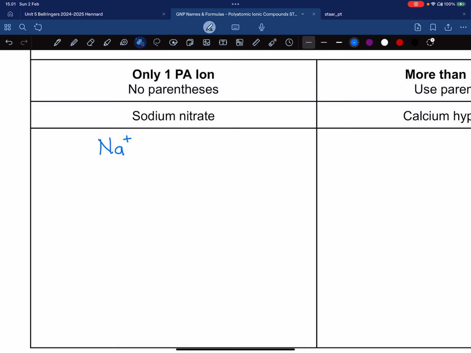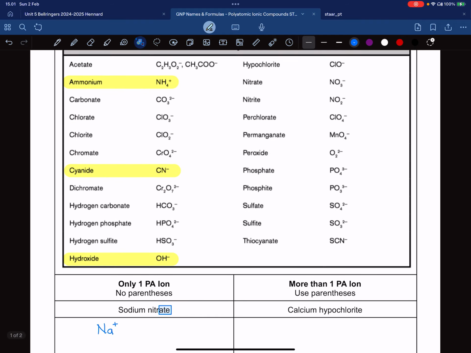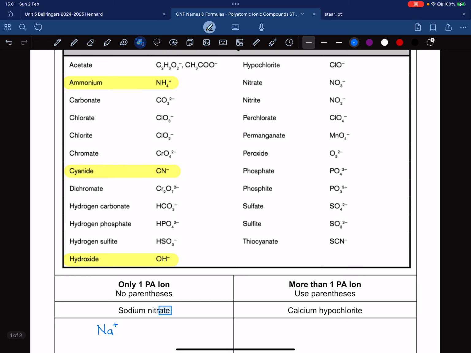Next, we look at nitrate. Well, we look at the last 3 letters. The last 3 letters are not IDE, therefore it's a polyatomic ion. So we go up into our chart and we start looking for it. Well, here is nitrate, NO3 minus.